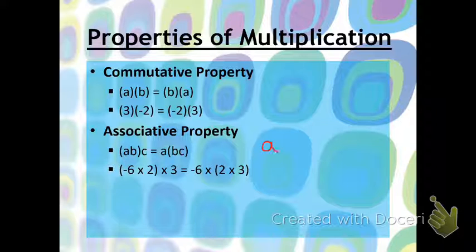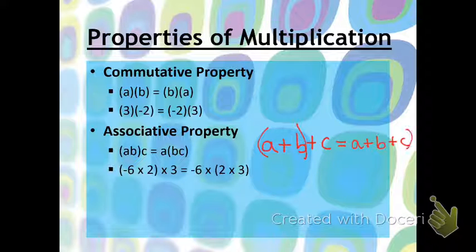So, for example, if I had A plus B plus C, it wouldn't matter whether I added the first two first, got that answer, and then added the third term, or if I added the second two first, took that answer and added the first term, I'd get the same answer either way.